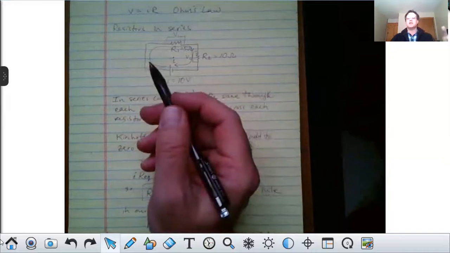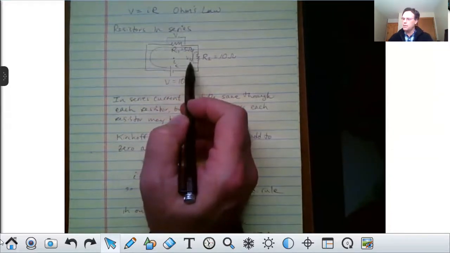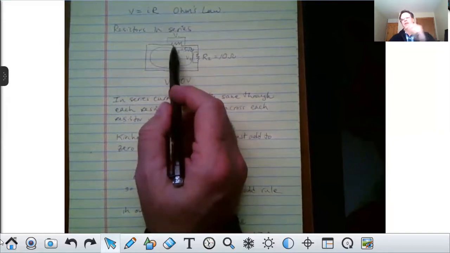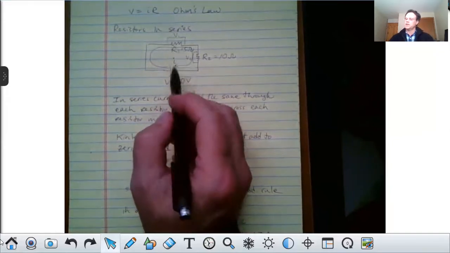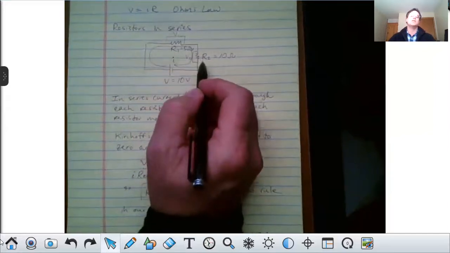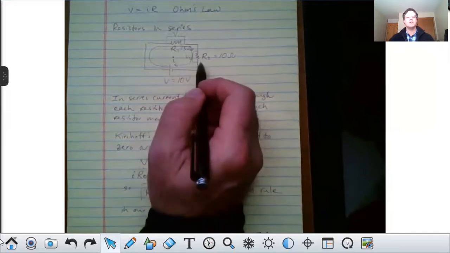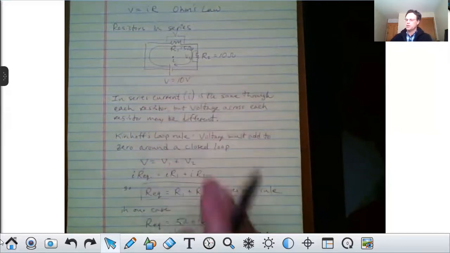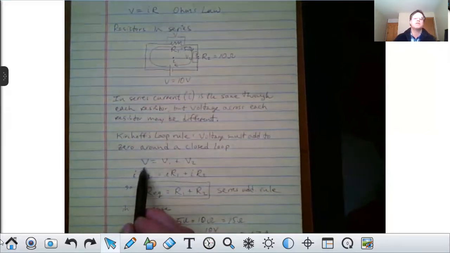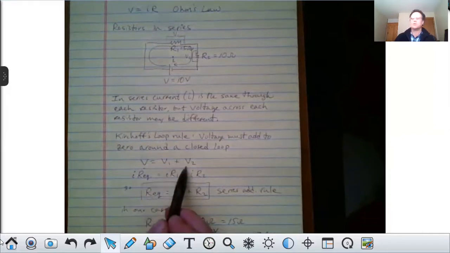It's adding energy to the circuit. Across each resistor, I'd call it a voltage drop. So it's kind of a minus voltage, a change in voltage. So if I add V minus IR1 minus IR2, or minus V1 minus V2, they have to add up to 0, which ends up giving this relation: voltage from the battery has to equal voltage across resistor 1 plus voltage across resistor 2.